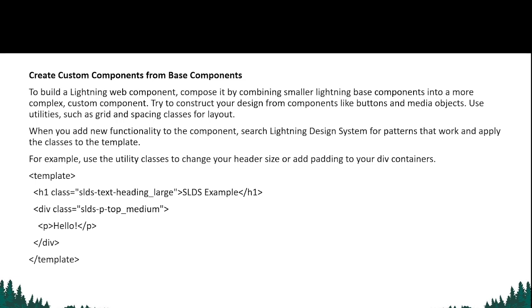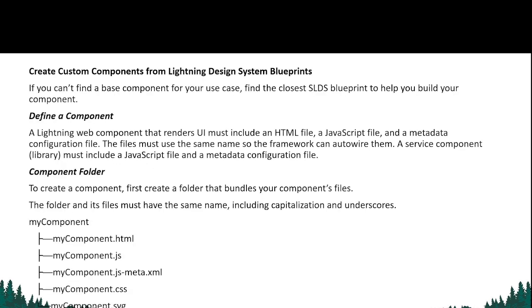For example, I am using the template h1 class SLDS text heading large SLDS example h1. This is the heading I am giving in h1. Then I am giving the div class, then I am printing in a paragraph hello, and then I'm closing the template. So this whole template can be called with the help of the utility classes.